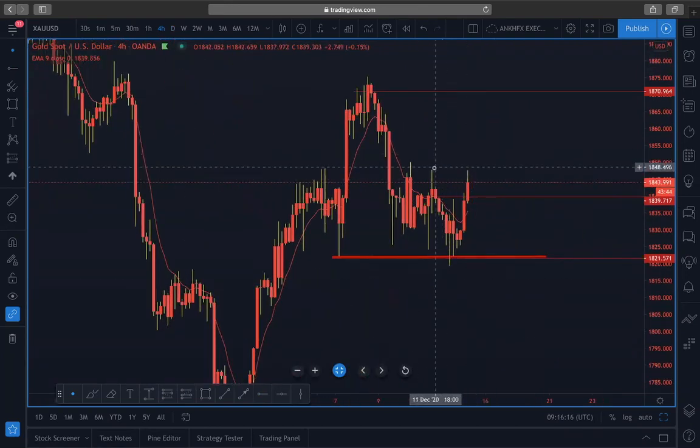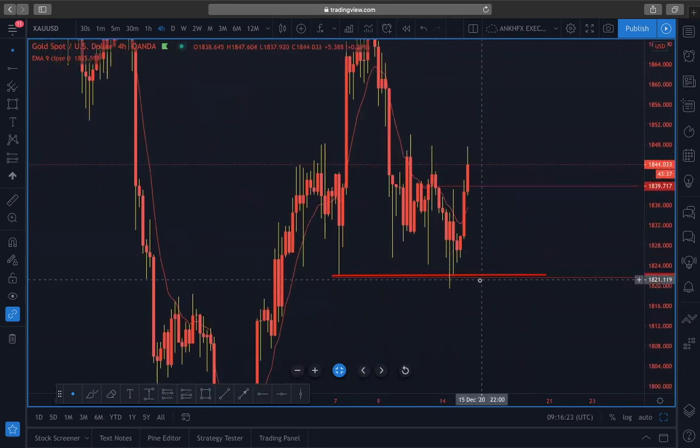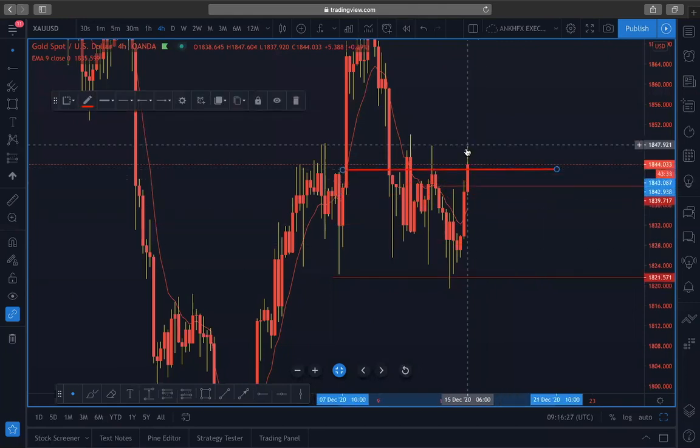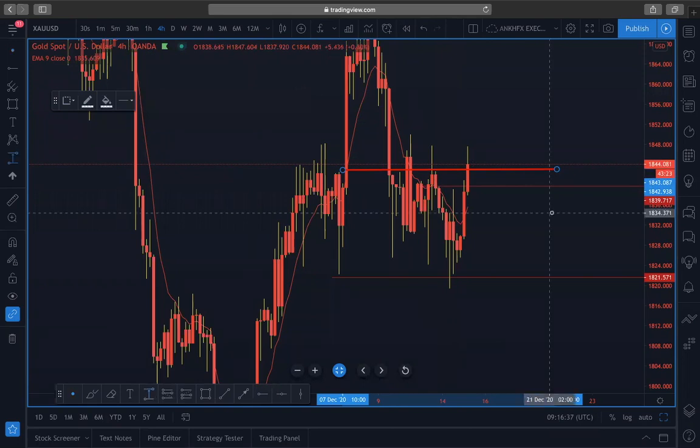price is still showing some sort of rejections from this region, right? However, it depends on how this current 4 hours candle closes first. If it closes above this wick, above this candle too, then we got some sort of liquidation.